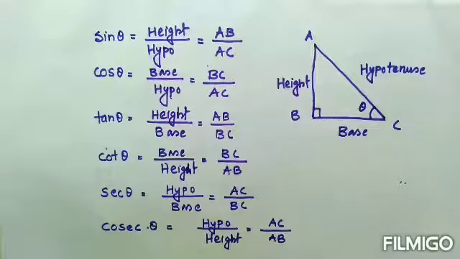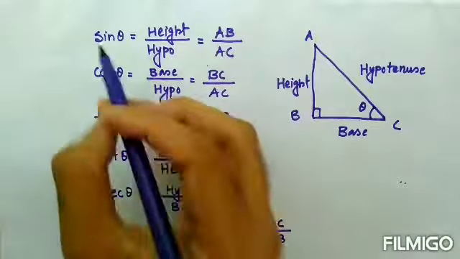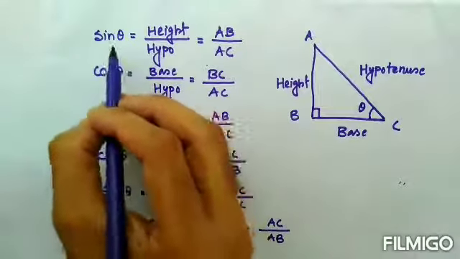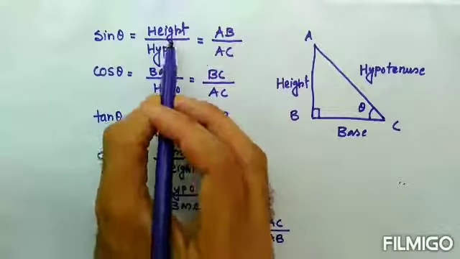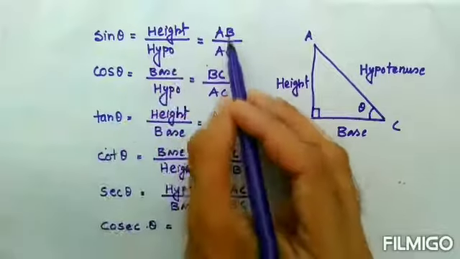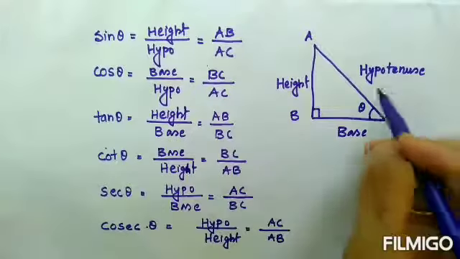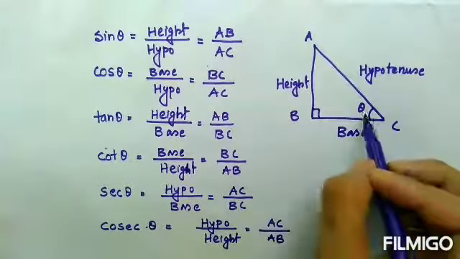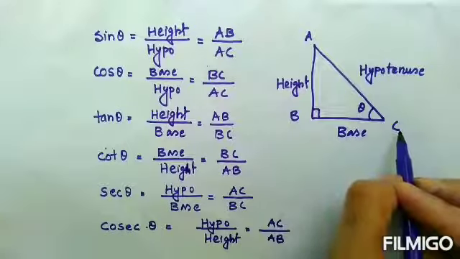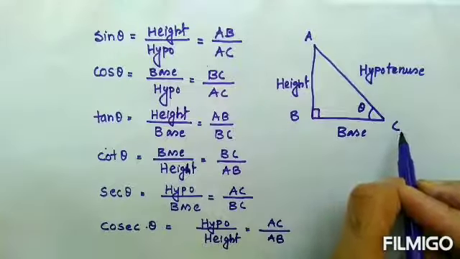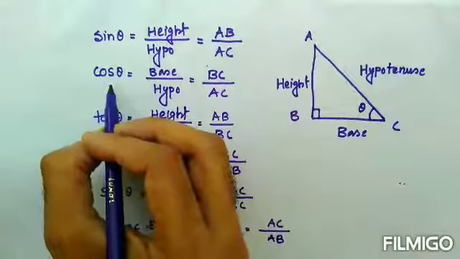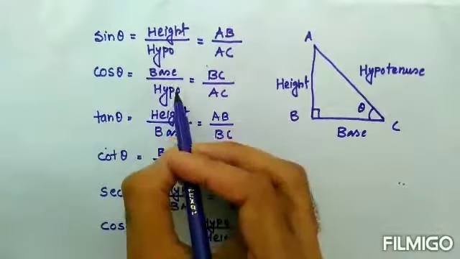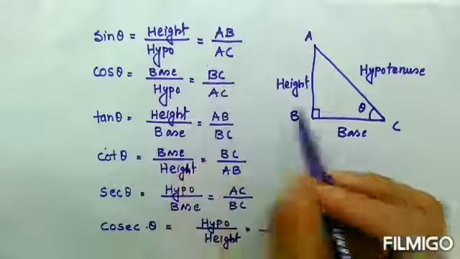Now for today's video I am summarizing the total thing. Here what we have learned today: sine theta is the ratio of height and hypotenuse, that is height by hypotenuse, which is equal to AB by AC according to this triangle, where theta is the angle C. Don't confuse, theta is the angle C. Next, cos theta, whose full form is cosine theta, is equal to base by hypotenuse equal to BC by AC.